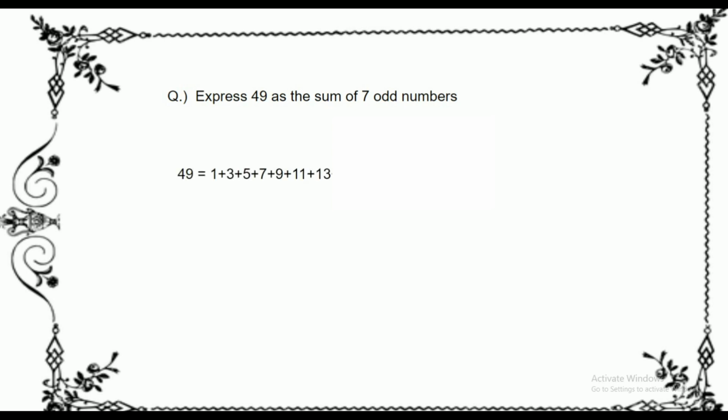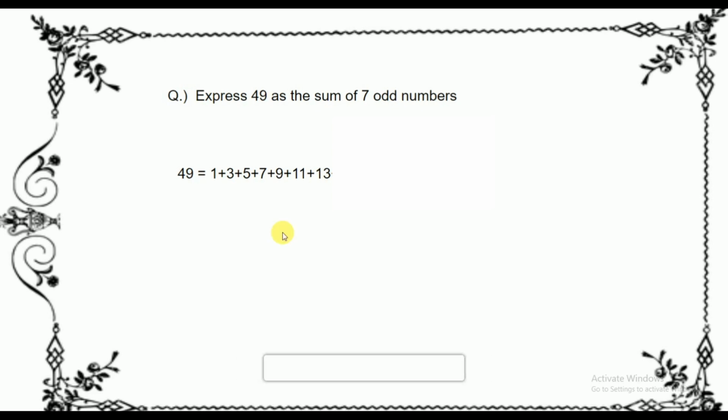So, we can write 49 as 1 plus 3 plus 5 plus 7 plus 9 plus 11 plus 13. These are 7 in number: 1, 2, 3, 4, 5, 6 and 7.